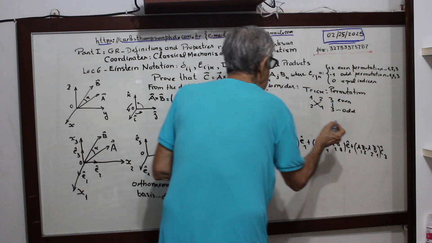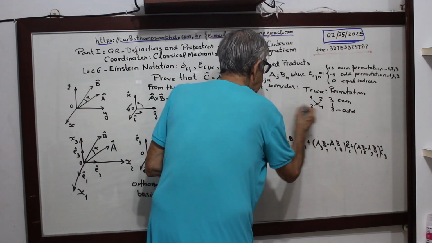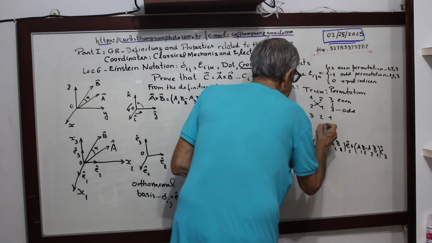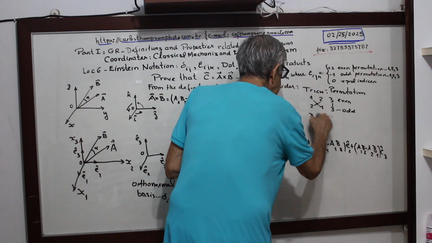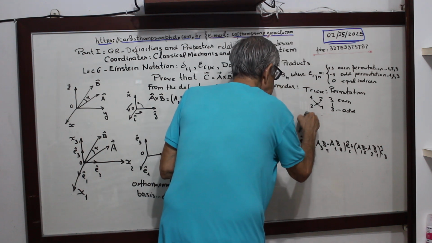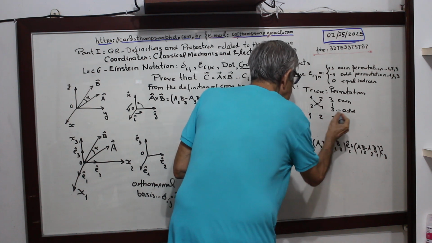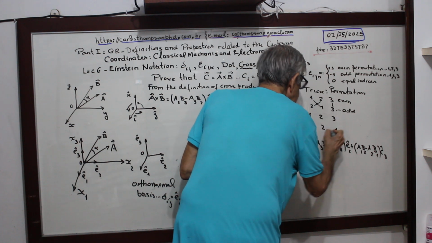I compare. For instance, if I have 3, 2, 1. I always compare. Let's erase first here. Erase here and put the permutation here. Suppose I have 3, in this case, 2, 1.